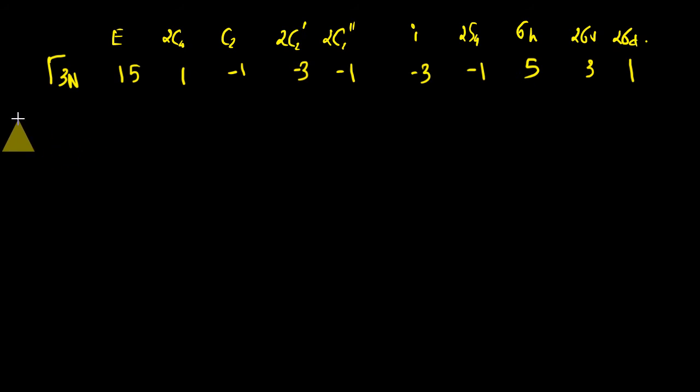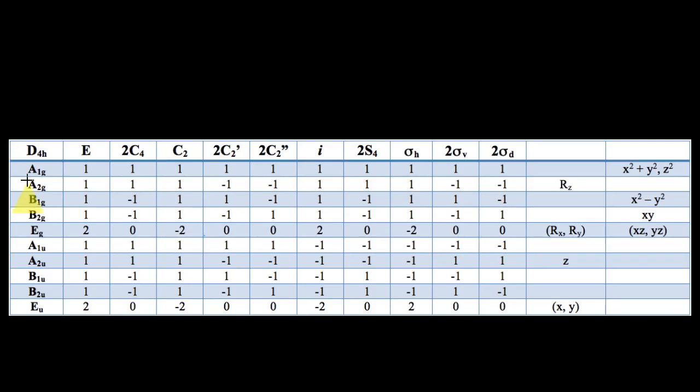What are the irreducible representations that you can find in the character table? A1g first. Let me take A1g and find out the number of times A1g will appear, n A1g.